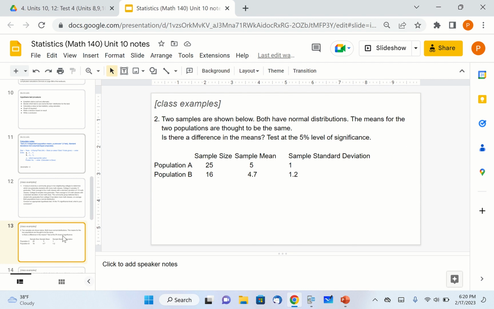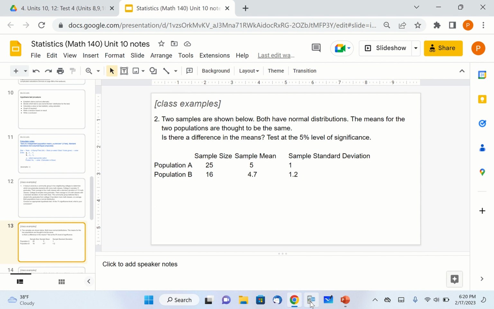The means for the two populations are thought to be the same. So that's your null hypothesis. Is there a difference in the means? This is your alternative hypothesis, which you're testing at a 5% alpha significance level. So you have populations A and B, and the sample size, sample mean, and sample standard deviation are given for both. So make a note of these values.